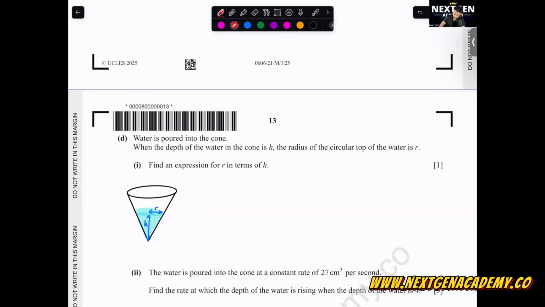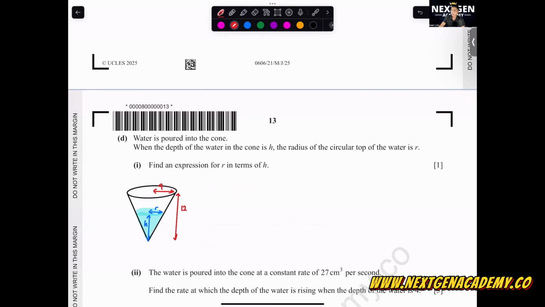Can we use similarity? Here we have 9, and here is 12.